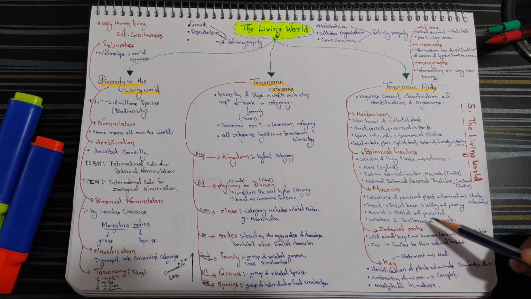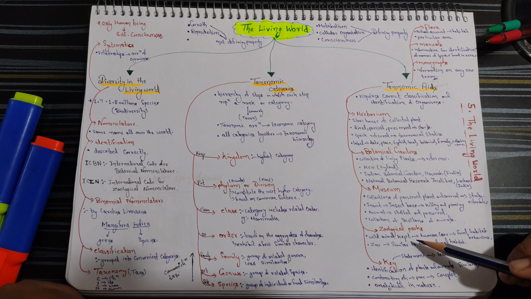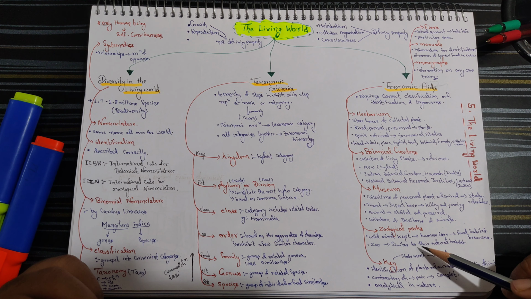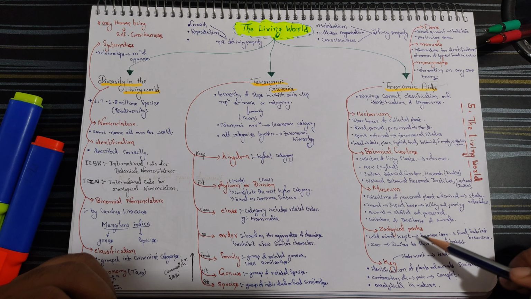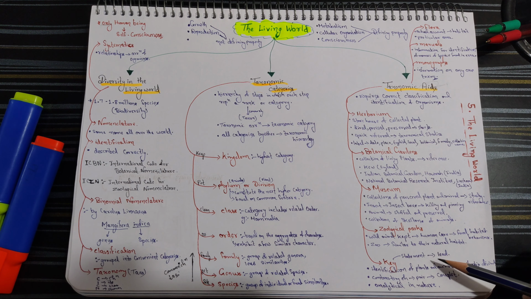Animals are stuffed and preserved, along with a collection of skeletons of animals. And next part is zoological park, where wild animals are kept in human care, with food and habitat similar to their natural habitat, for the study of food and habits.